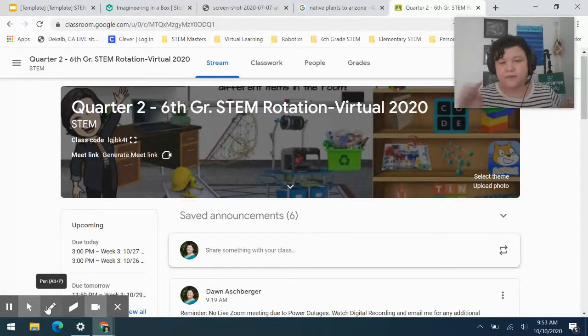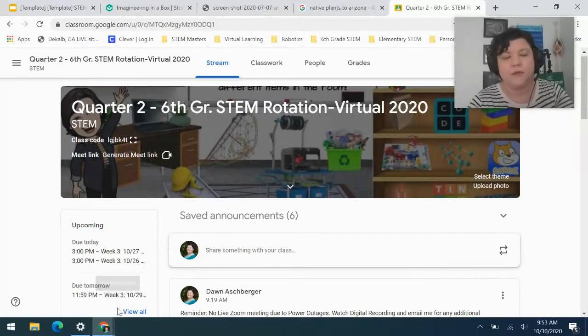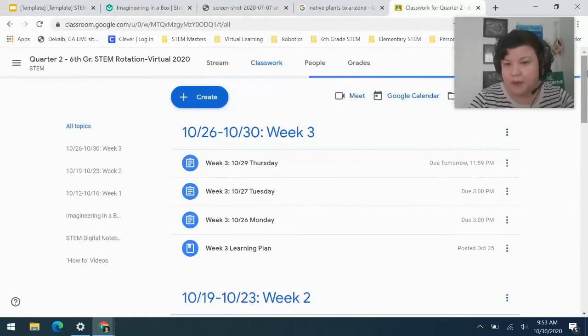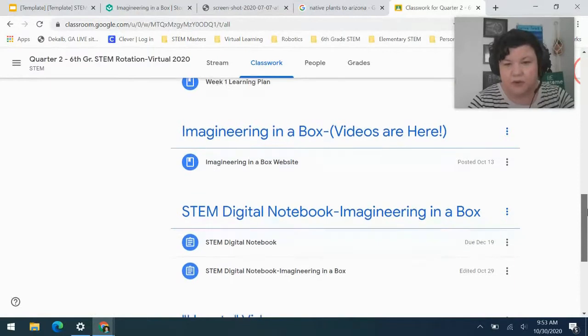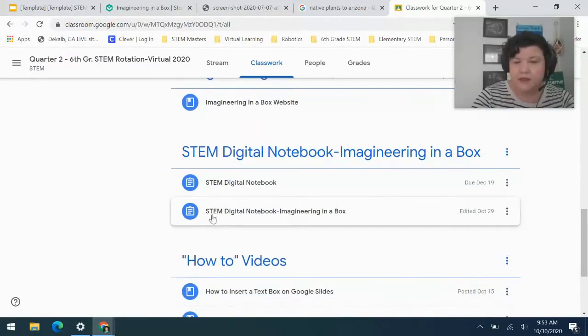If you are still unaware of where to find your digital notebook, I have it underneath classwork. The initial one is the Imagineering in a Box digital notebook.